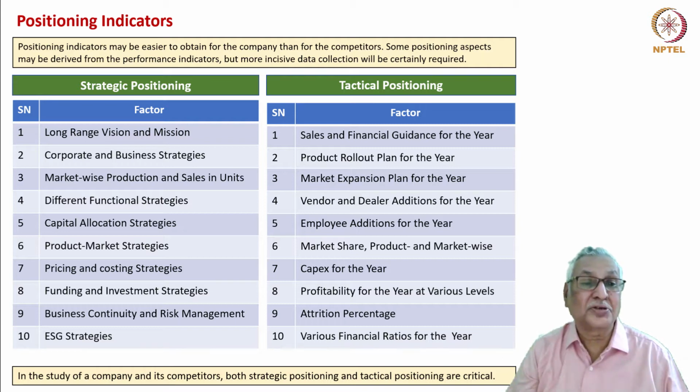The factors related to strategic positioning are the long-range vision and mission of the company as expressed in its documents, corporate and business strategies as again expressed with the analyst calls and various other interactions, market-wise production and sales in units, different functional strategies such as R&D strategy, operations strategy, HR strategy, financial strategy, etc., capital allocation strategies, product market strategies, pricing and costing strategies, funding and investment strategies, business continuity and risk management, ESG, environmental, social, and governance strategies.